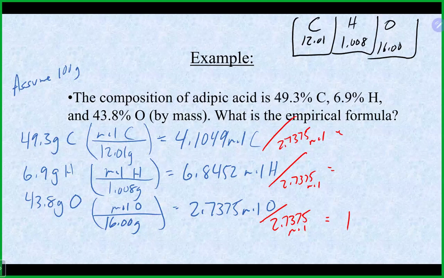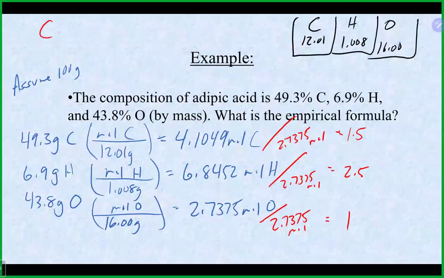We got basically 1.499, which is about 1.5, for carbon. And then 6.8452 divided by 2.7375, we got about 2.5 in this particular case. That would give us an empirical formula of C1.5, H2.5, and O.